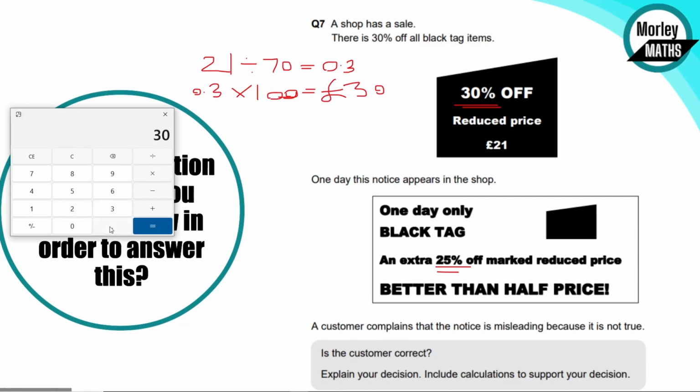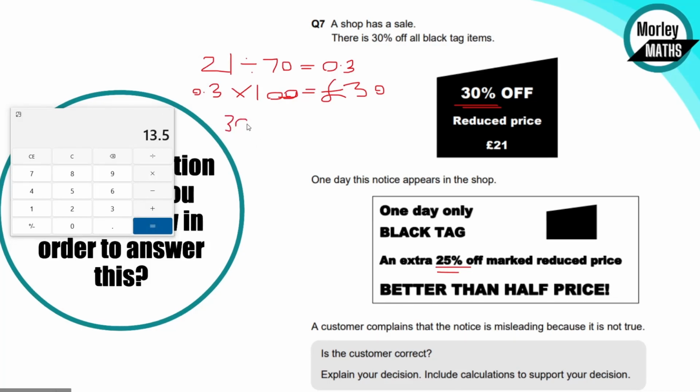If I times that by 0.45, because that's with the 55% off, that gives us a value of £13.50. Obviously, if we've taken 55% off, we're only paying 45% of the full price. So that's why I've timesed it by 0.45. That gives us £13.50, which is what we should be paying if this offer is correct.